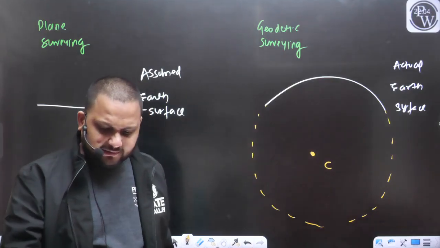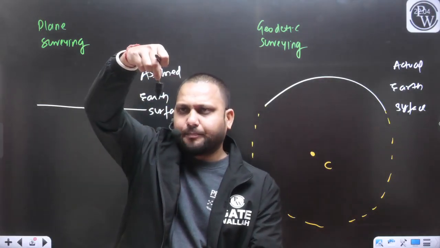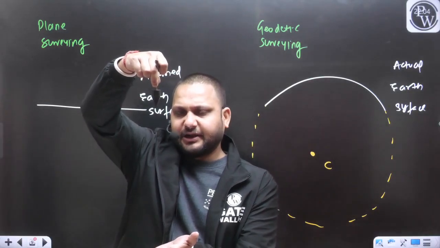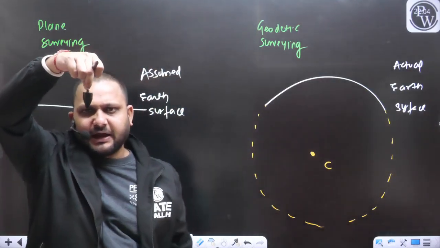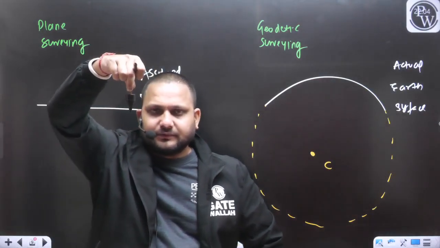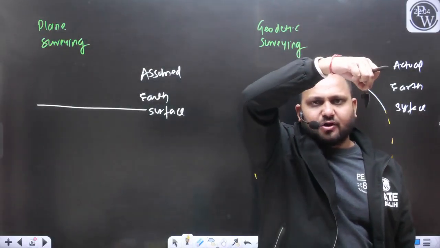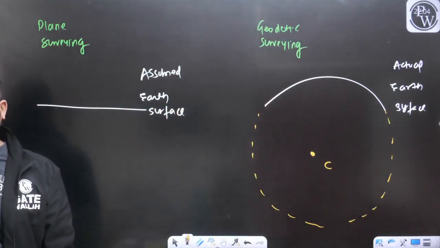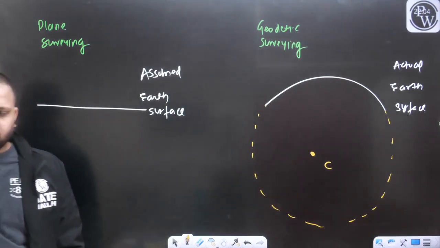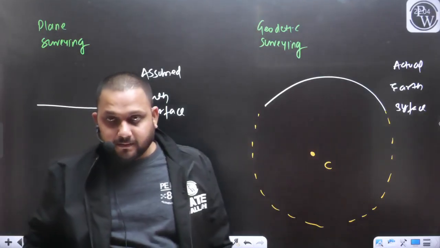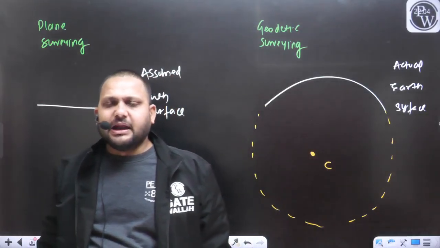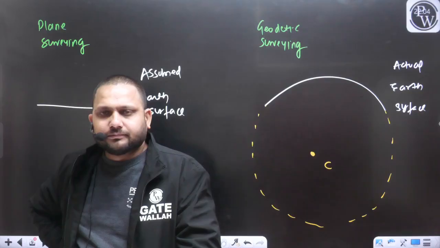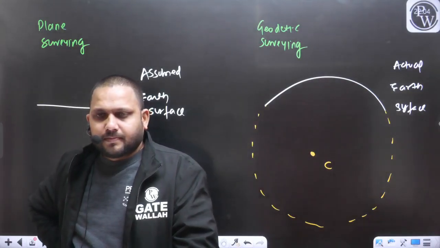With the help of the plumb bob or plumb lines, we can locate the direction of gravity at any point. Yes or no? With the help of the plumb bob, can we locate the direction of gravity at any point?